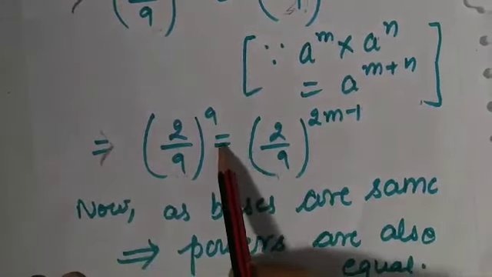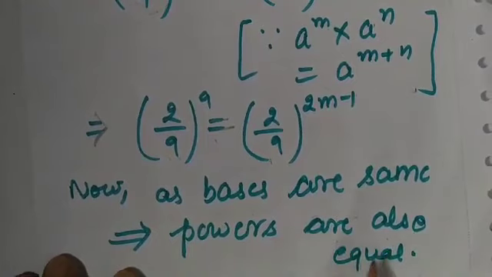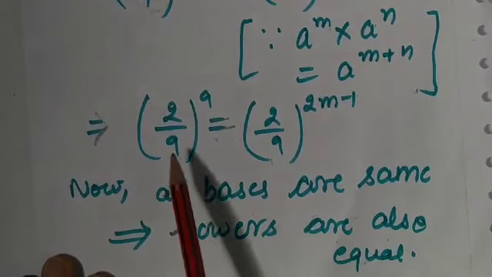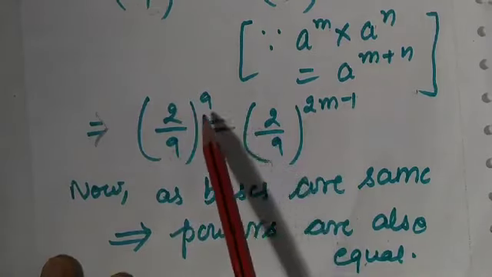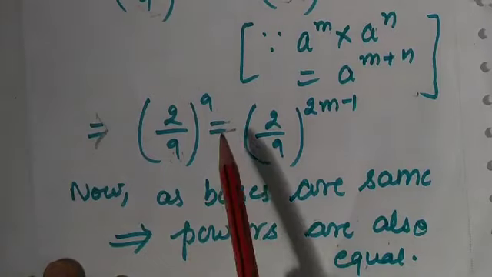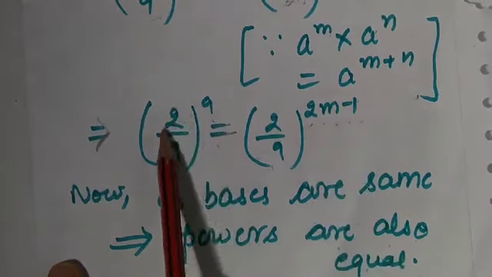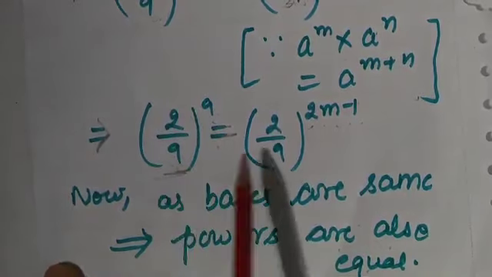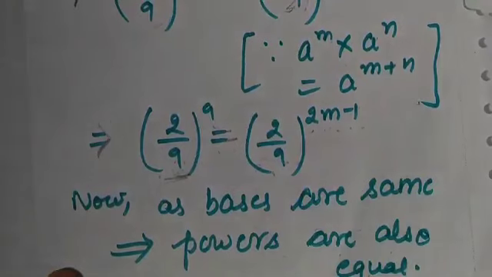This implies, and this is the equation. As bases are same, powers are also equal. So I will equate the powers: 9 is equal to 2m minus 1. As we have in the equation bases are same, it means powers will also be equal.